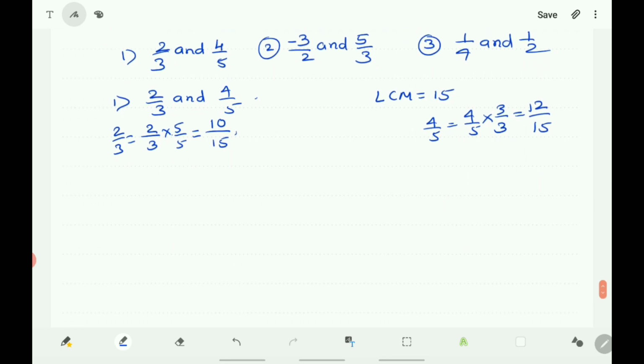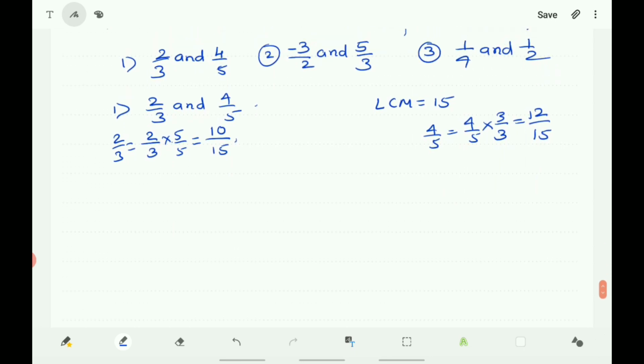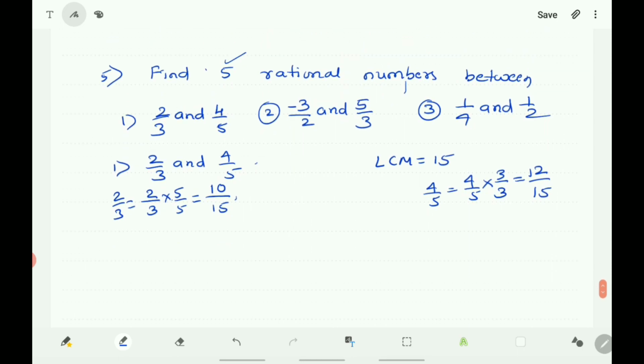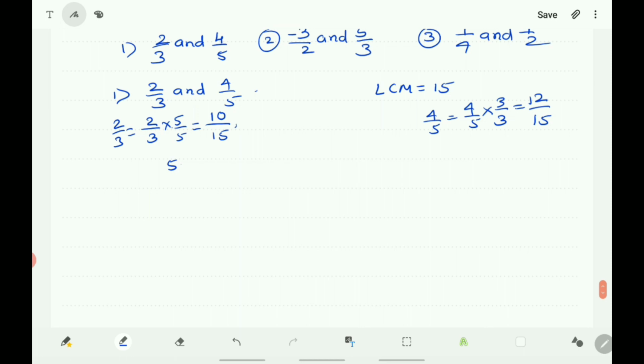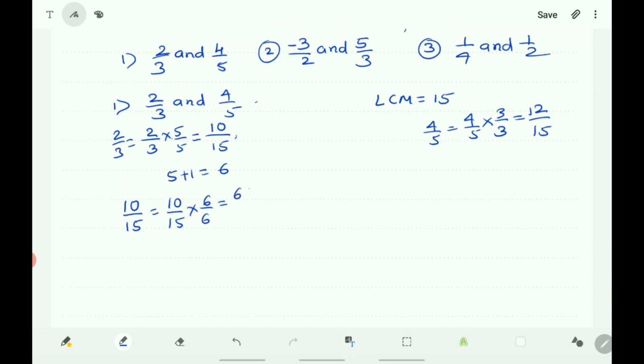Then you take, here we have to find out 5 rational numbers. So you know that 5 plus 1 is equals to 6. To get 6 rational numbers between 10 by 15 and 12 by 15, you convert the rational number 10 by 15 is equals to 10 by 15 into 6 by 6, that is equals to 60 by 90.